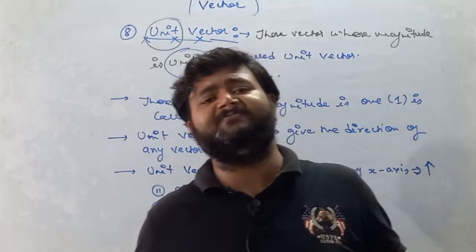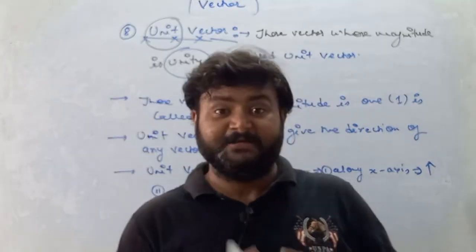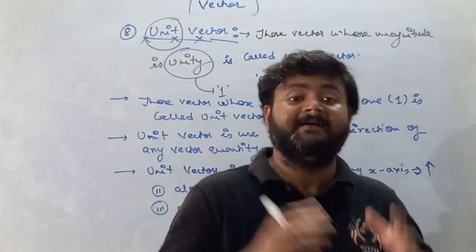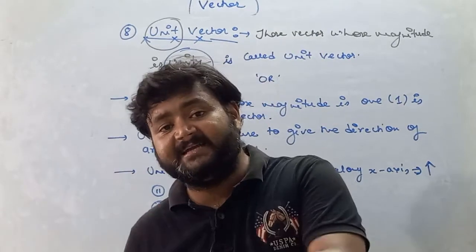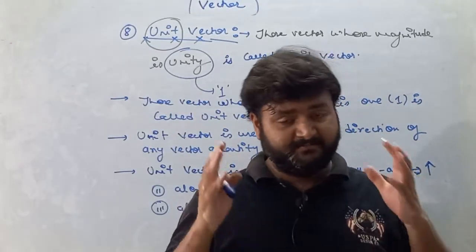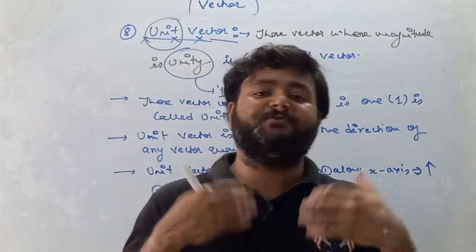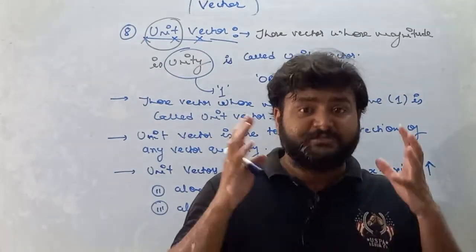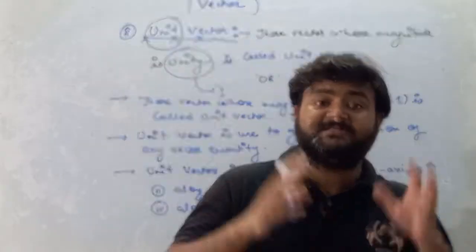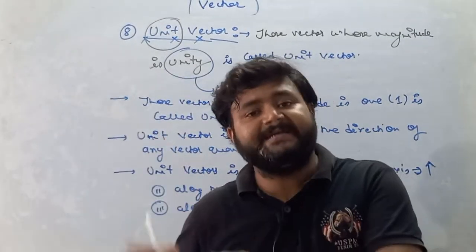So there is no further use of unit vector. But unit vector is very important, because in physics, if we are dealing with vector quantity, then it is compulsory to give the magnitude as well as direction of the vector quantity. So for direction, we introduce a term called unit vector.